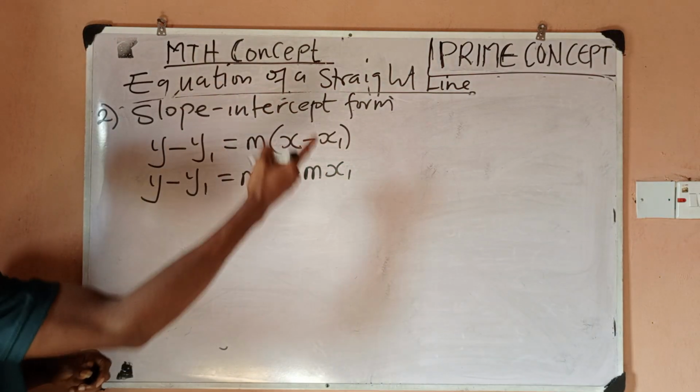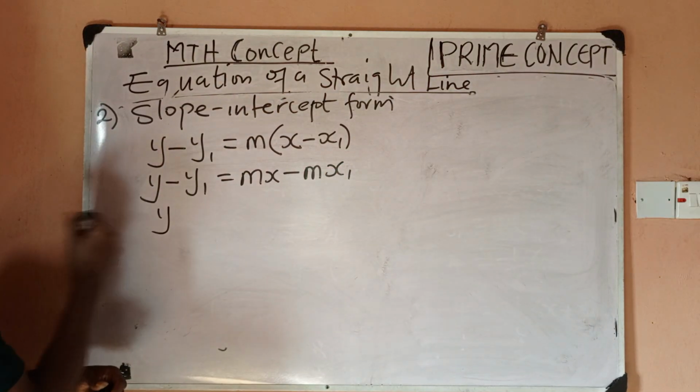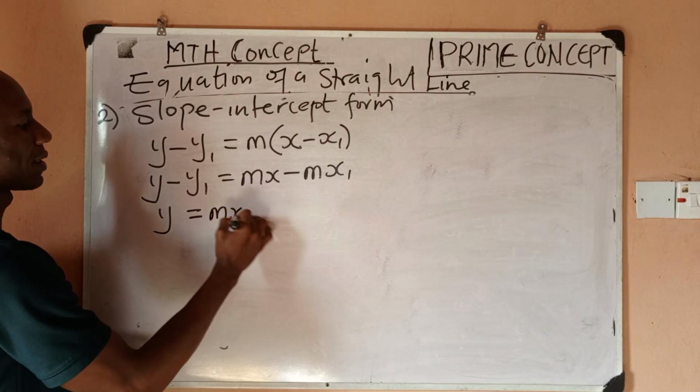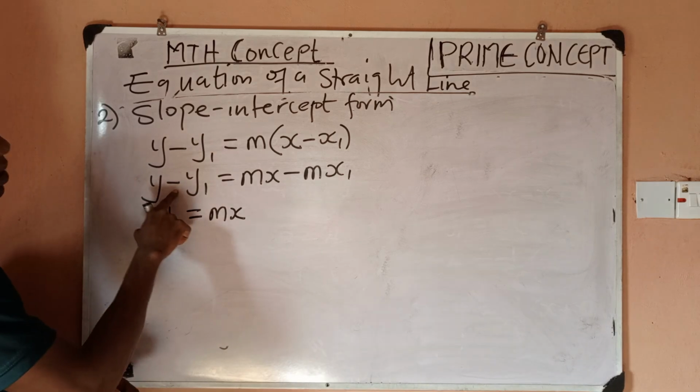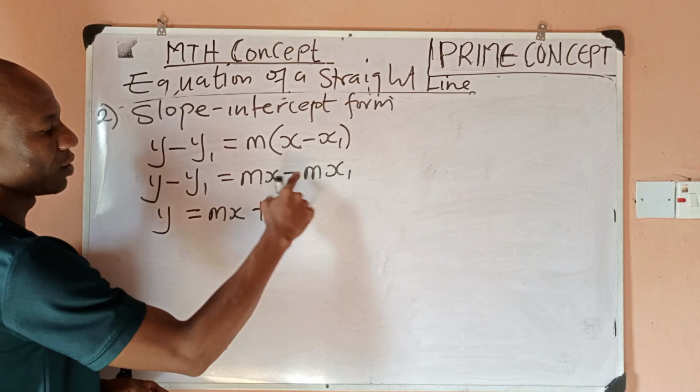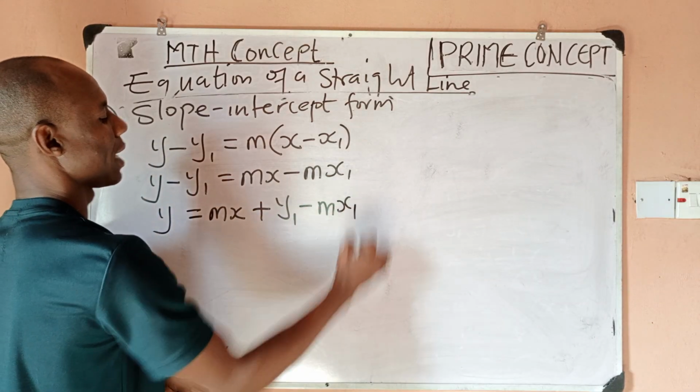So that when you push this to the other side, you would have y equals what now? This is here, which is mx. Then y1 minus y1 crosses, it becomes plus y1. Then you have minus mx1, right?